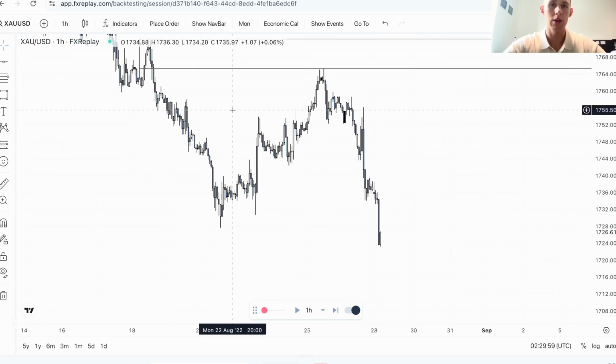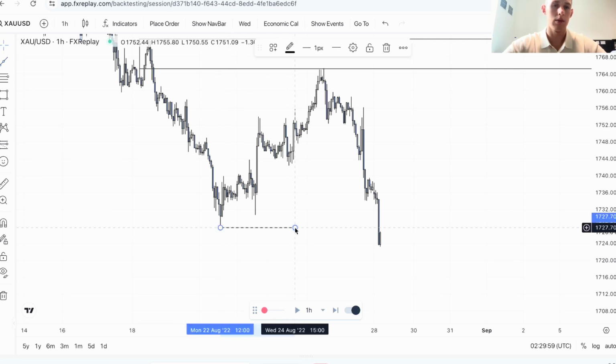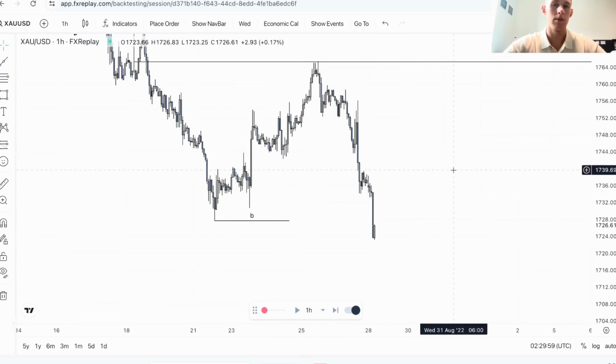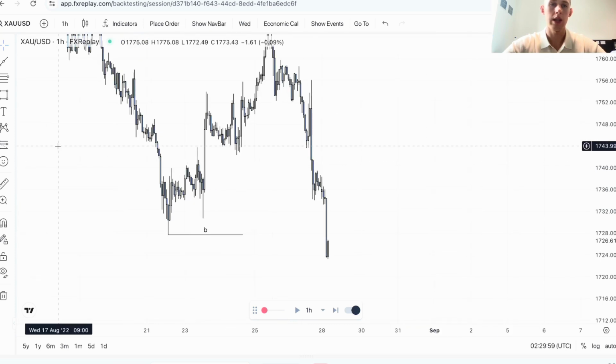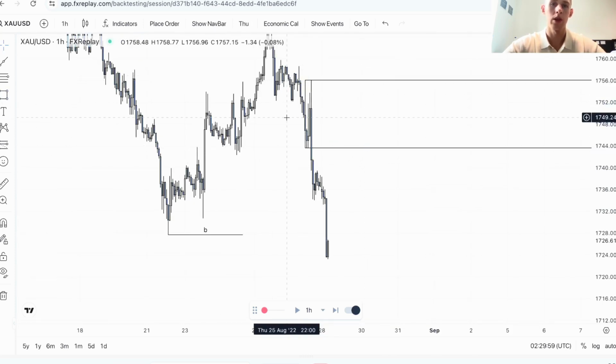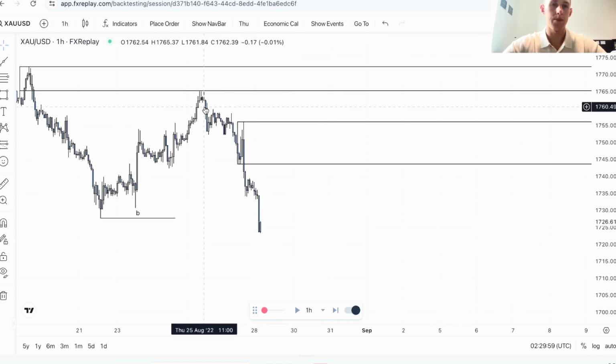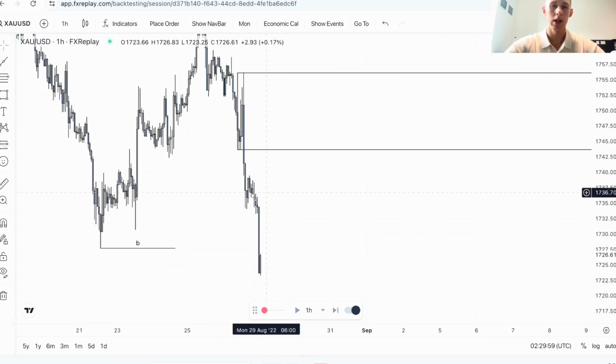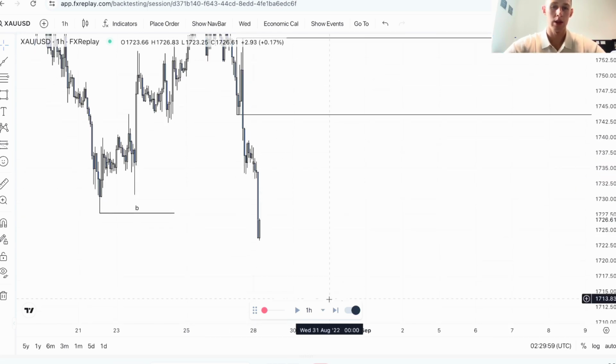Yeah, so good zone, but not really a valid entry for me. Next zone would be this region, because we want to see a pullback into a premium, and we also need to see price sweep some liquidity, which in this case we have this zone.